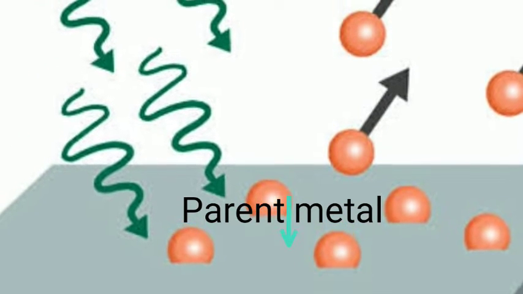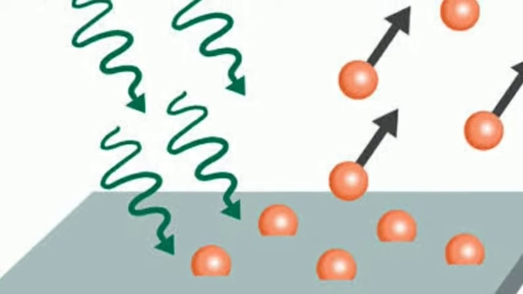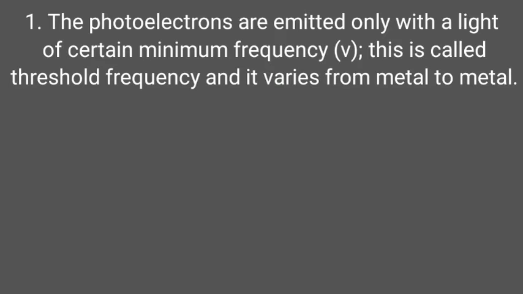Some significant observations regarding the photoelectric effect are here. First, photoelectrons are emitted only with light of a certain minimum frequency nu. This is called the threshold frequency, and it varies from metal to metal.